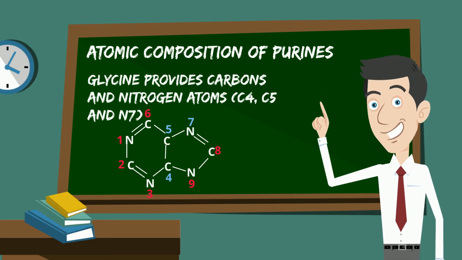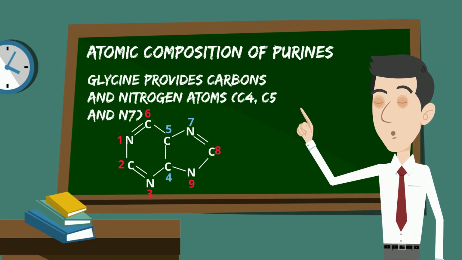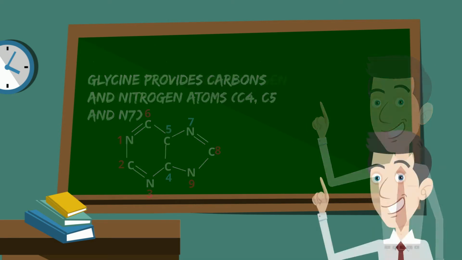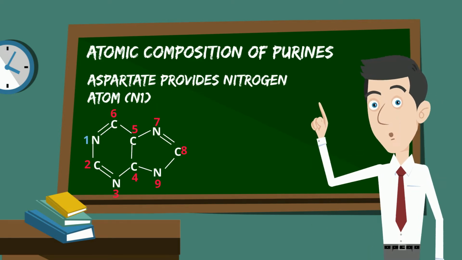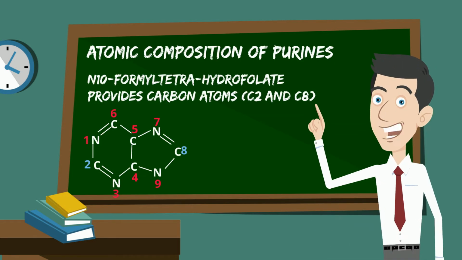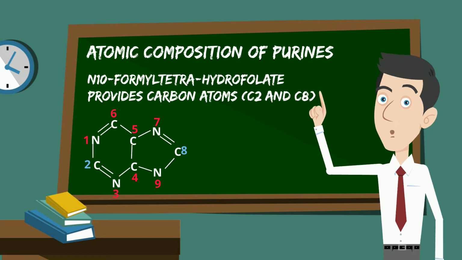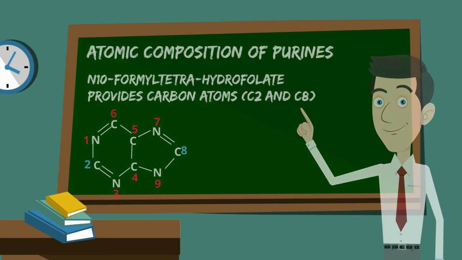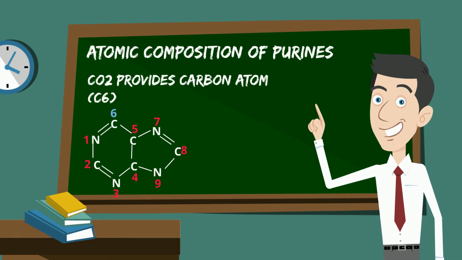Glycine provides carbon and nitrogen atoms, carbon atom number 4, 5, and nitrogen atom number 7. Aspartate provides nitrogen atom number 1. N10-formyl tetrahydrofolate provides carbon atoms, carbon atom number 2 and 8. Carbon dioxide provides carbon atom number 6.